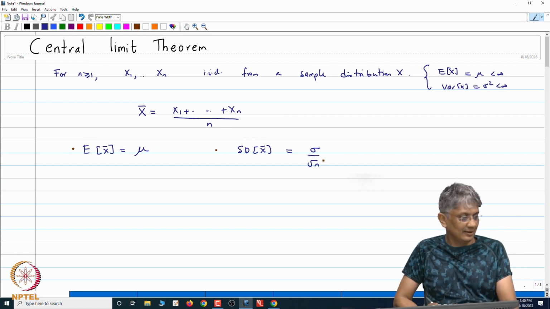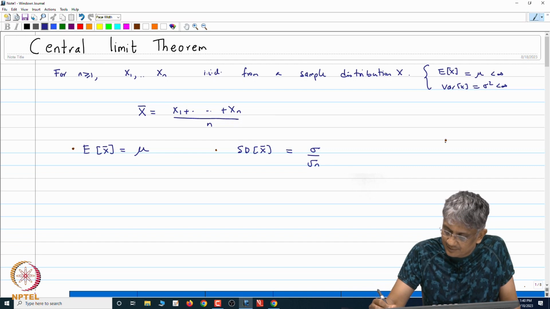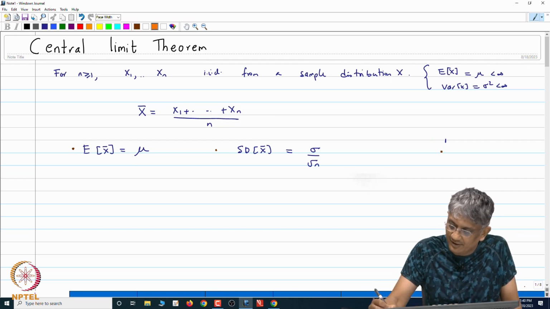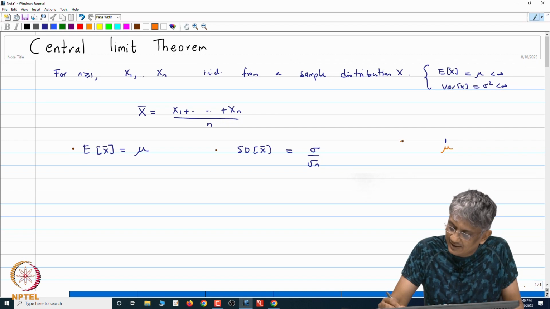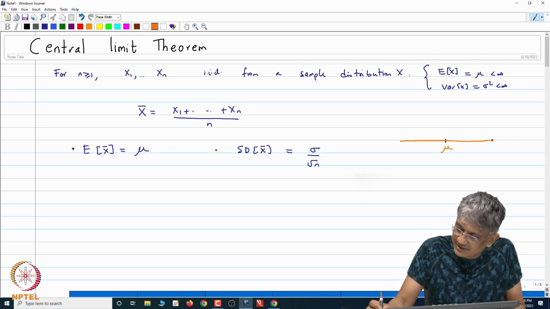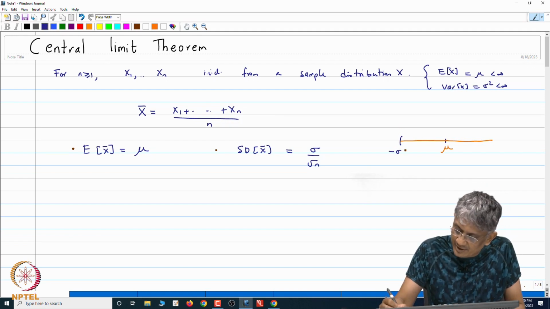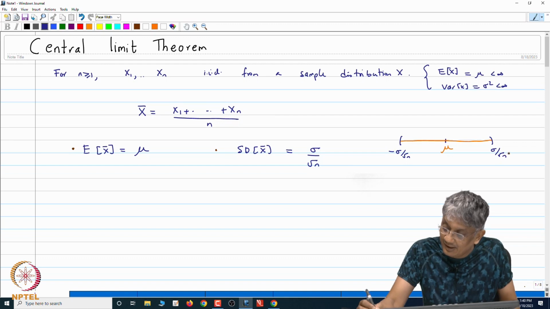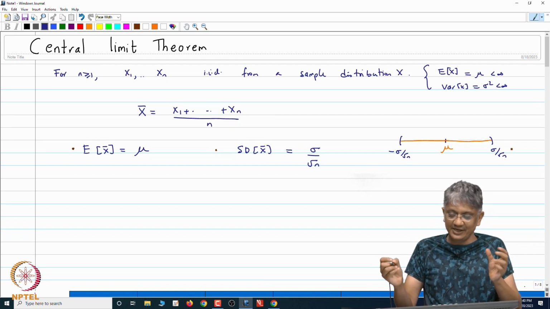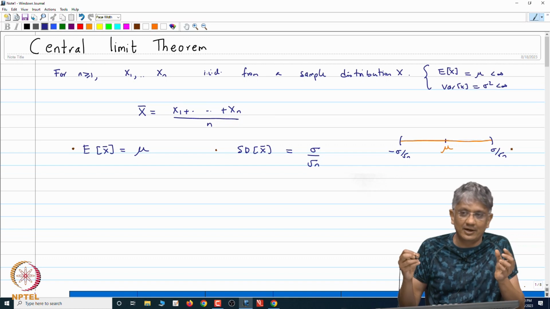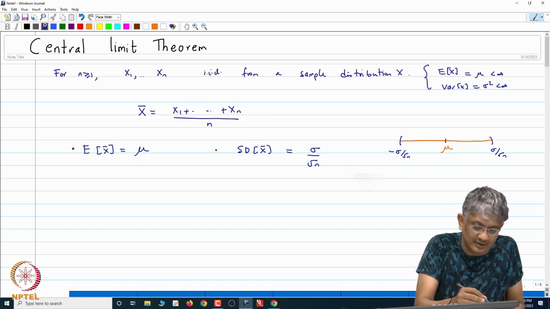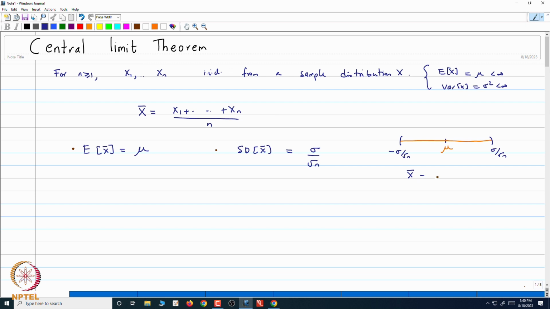Right. So, suppose mu was somewhere here in space. All this is saying is that you are likely to find x bar in a smaller and smaller window as n gets larger. That is, minus sigma by root n, plus sigma by root n, and this interval shrinks as n goes to infinity, and x bar is going to concentrate around mu with high probability.